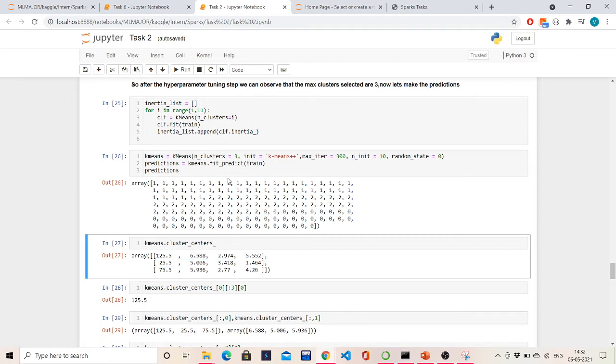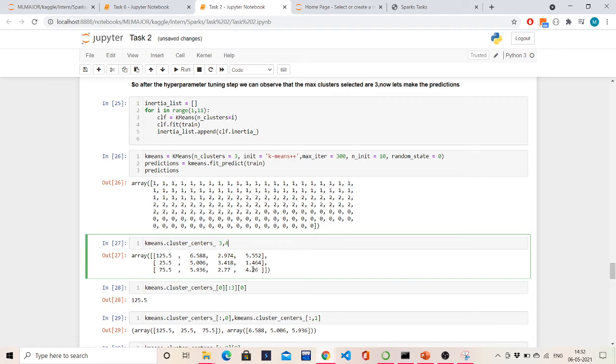As there are 4 features which I have used: petal length, petal width, sepal length and sepal width, that's the reason why I get 4. And as there are 3 classes and 4 features, according to that, I get this array.